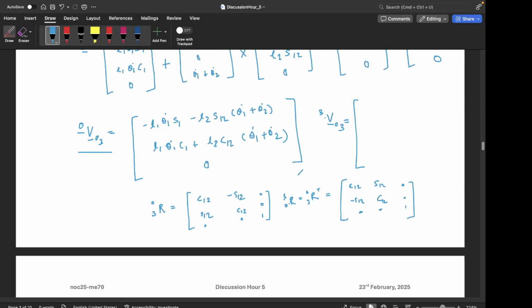Now if I pre-multiply this vector with this, then I get it in the 3rd frame.